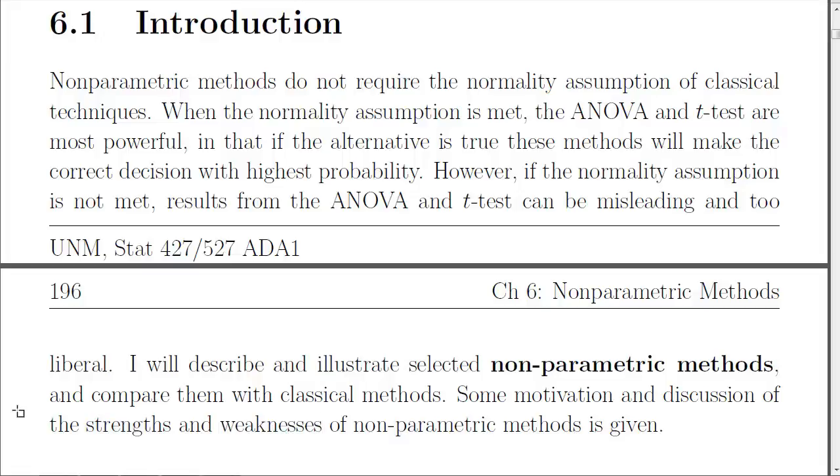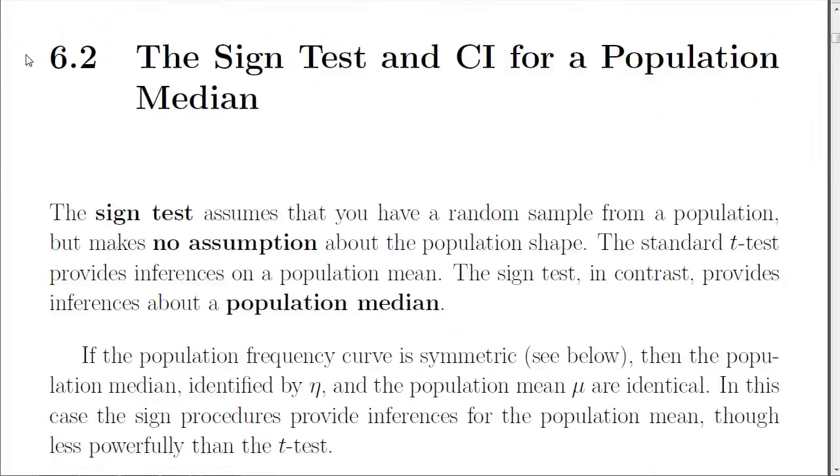Nonparametric methods are not to be seen as inferior to traditional normal-based classical statistical techniques. They are another strategy, and sometimes they are superior. So we'll see an example of that throughout this chapter.